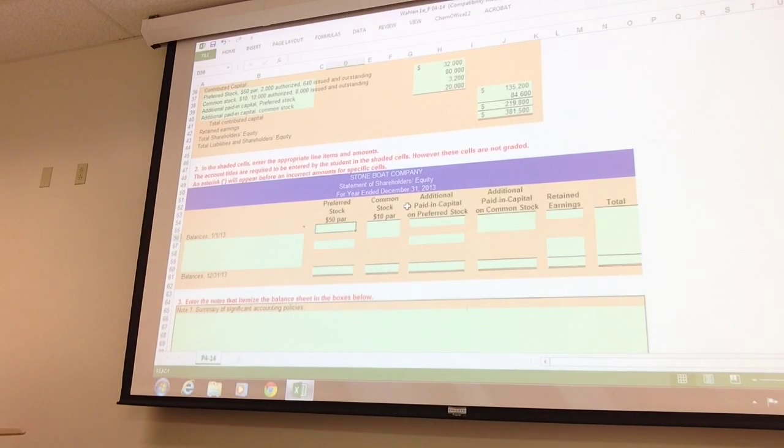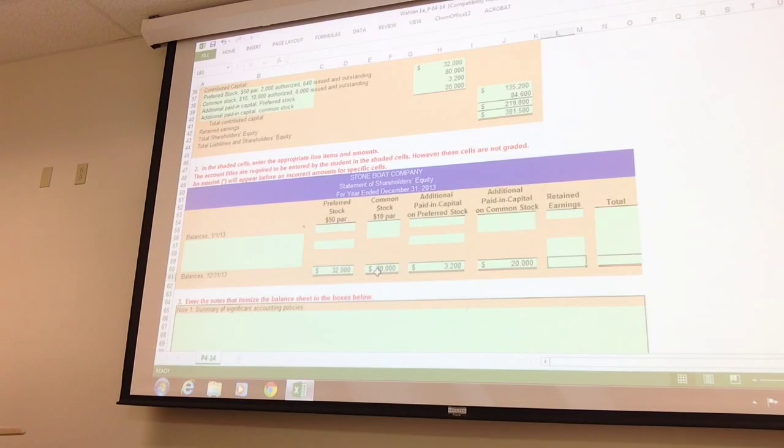And so we're going to have to back into the earlier numbers, because all it's doing is it's telling us here in our list what the ending balances are. So we know that preferred stock is 32,000. We know that 80,000 is in common stock. We have 3,200 in additional paid-in capital on preferred, and we got 20,000 on common.